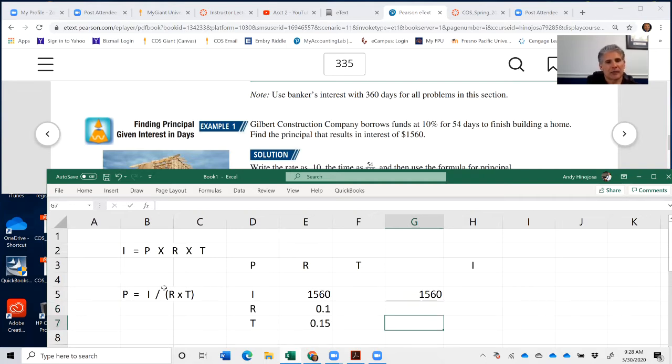That's the I. And we're going to divide it by RT, R times T. So let's take 0.1 and multiply it by 0.15. If we solve for that, 1560 divided by 0.015 gives us 104,000. So P is equal to $104,000.